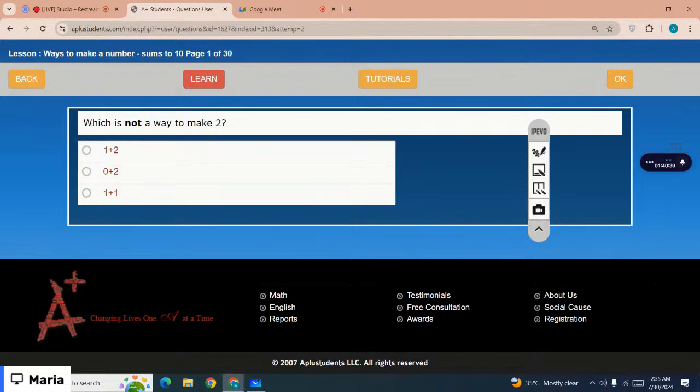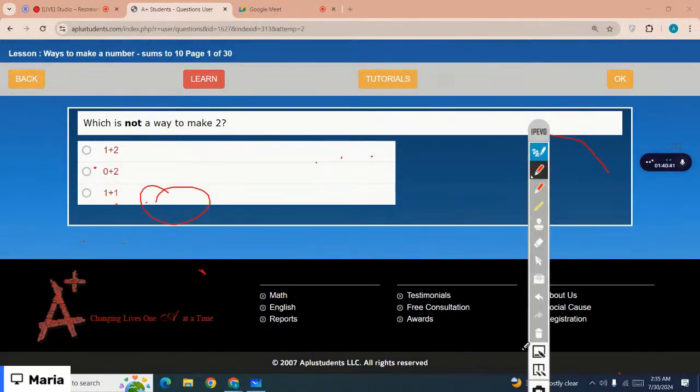You need to select the one that doesn't make 2. So just start with the options and check which one is not a way to make 2. 2 plus 1 is 3, 0 plus 2 is 2, and so on. So these are the two options that make 2. You need to select the one that is not a way to make 2. So option number 1 is the correct option.